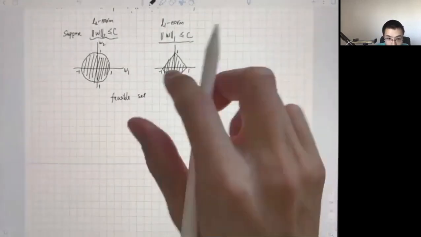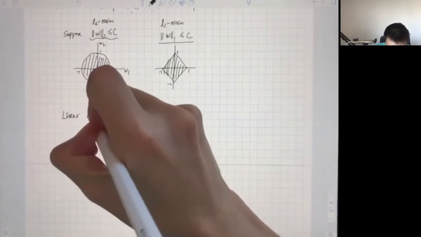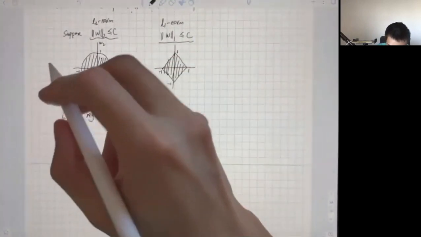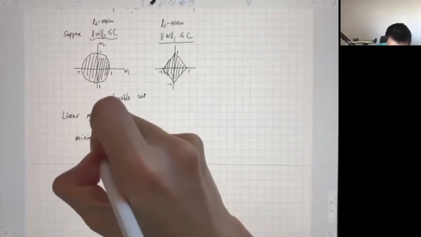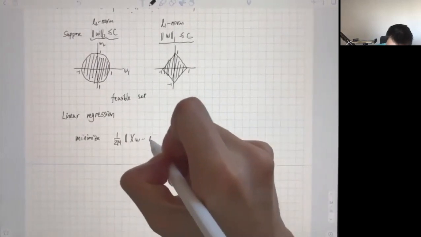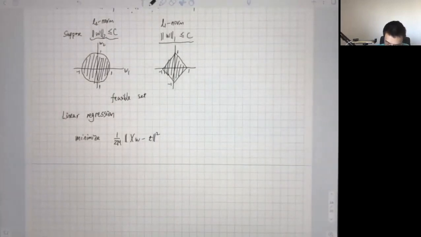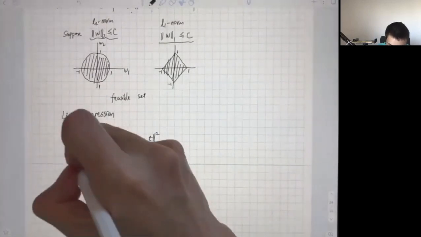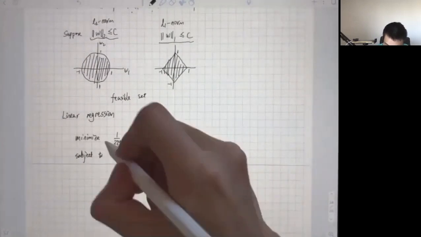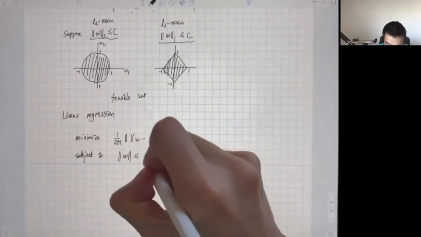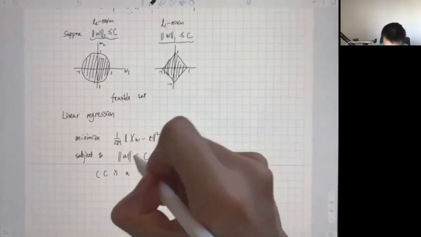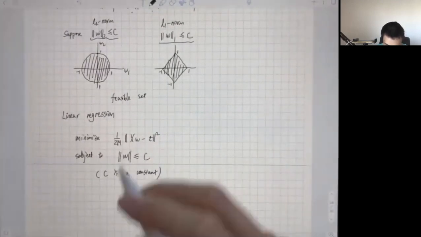And you can choose different norms. So in other words, our linear regression problem becomes: I'm still minimizing the mean square error, subject to the norm of my W being less than or equal to C, for some constant C. This can be the L2 norm.